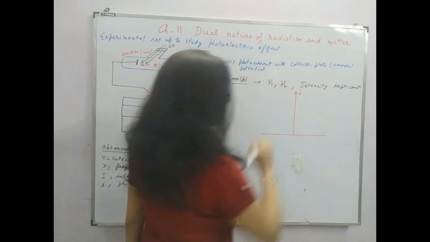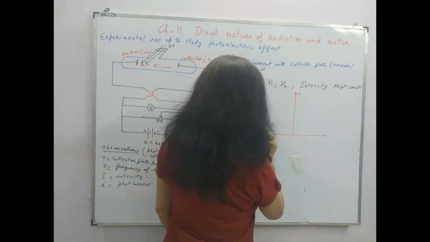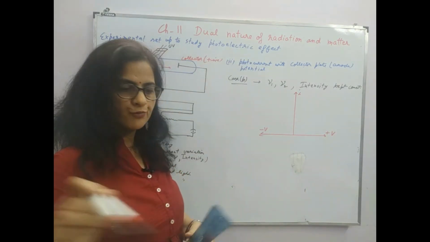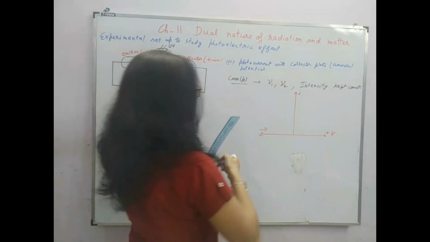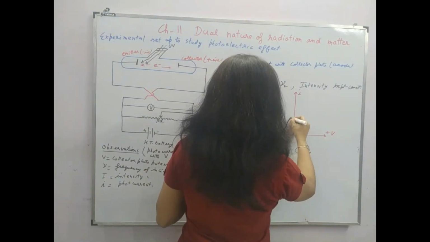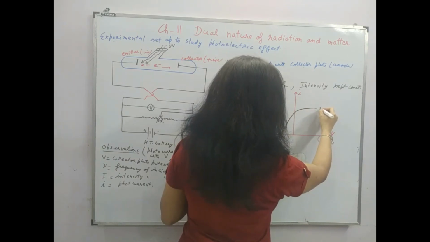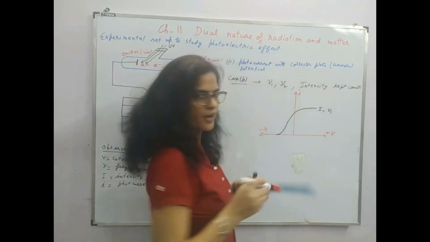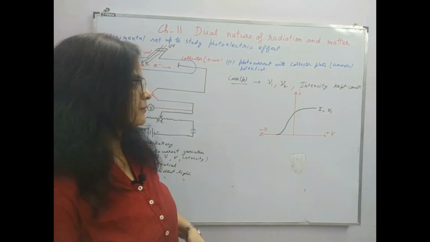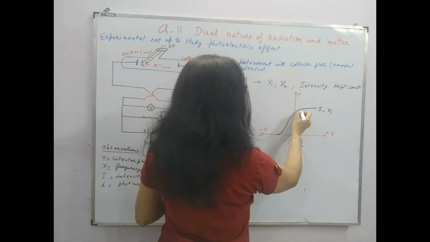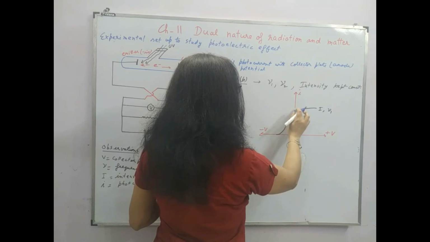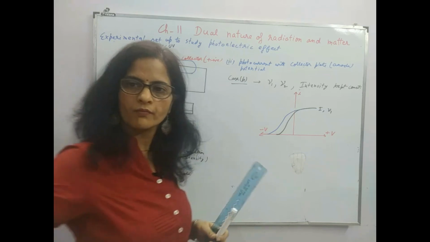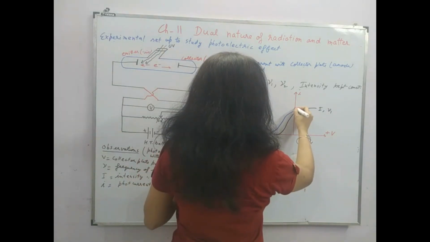So again, this is photocurrent. I am not labeling again. So this is plus V, that is collector plate potential. This is minus V. Now I am drawing these for two different frequencies. So for a particular graph, the frequency and intensity is same. Now for the second graph, the frequency is varied, but the intensity is kept same.